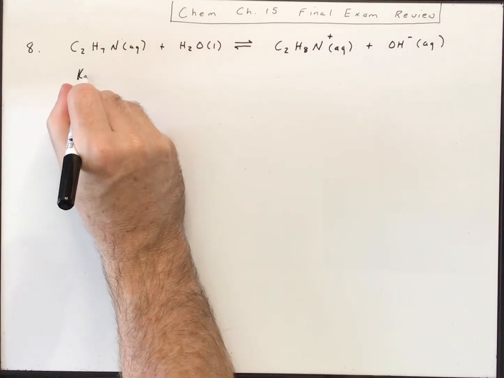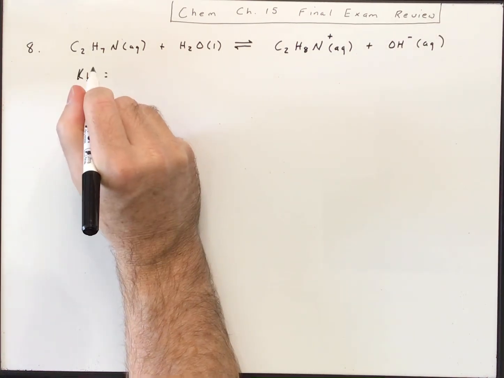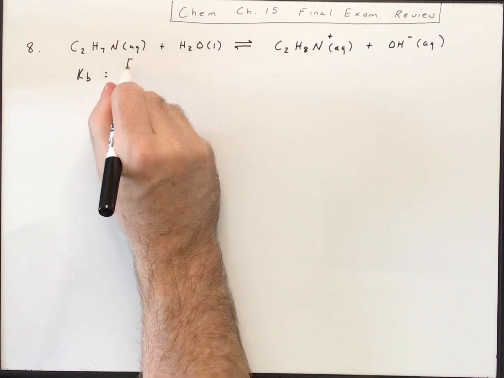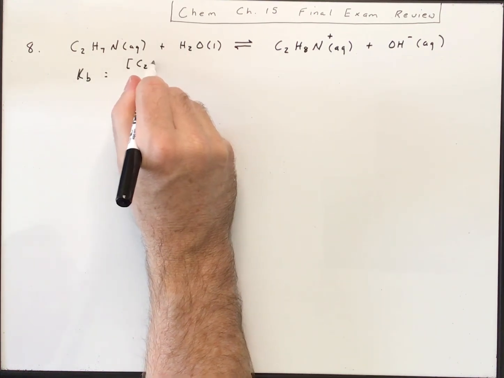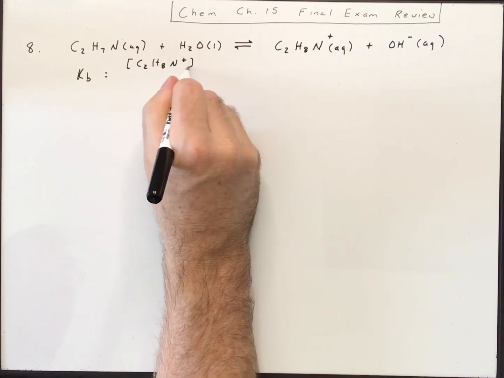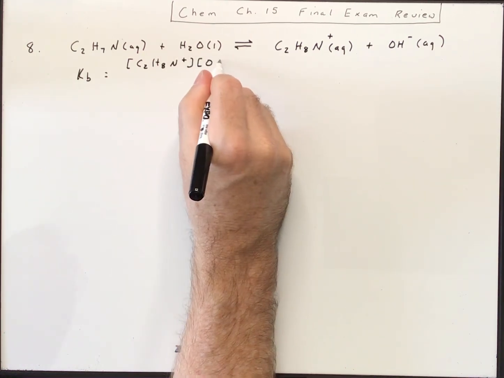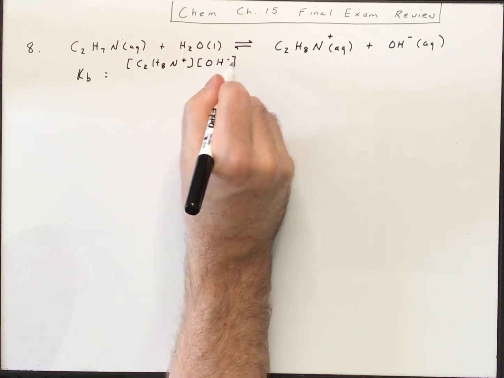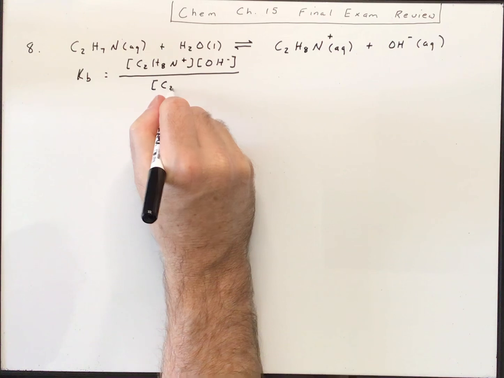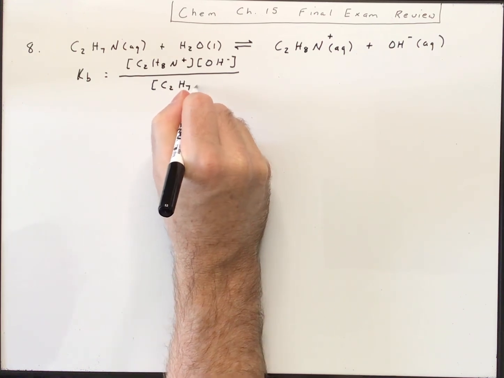So K sub B, right, is equal to the concentration of C2H8N plus times the concentration of hydroxide, OH minus, over the concentration of C2H7N.